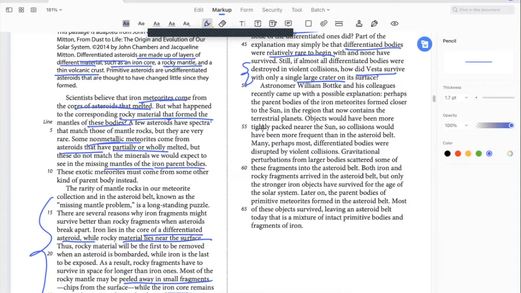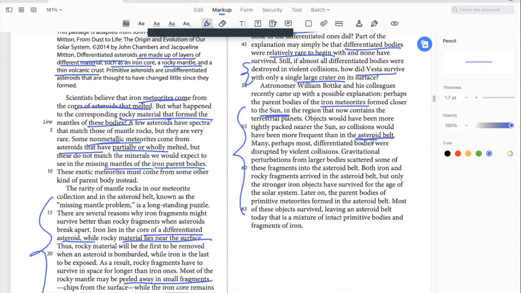of iron. Okay, so how has William Botke explained that sort of contradiction, in terms of a very low number of differentiated asteroids? He says that it's possible that the parent bodies of these iron meteorites formed closer to the sun, as against the primitive asteroids which formed in the asteroid belt.